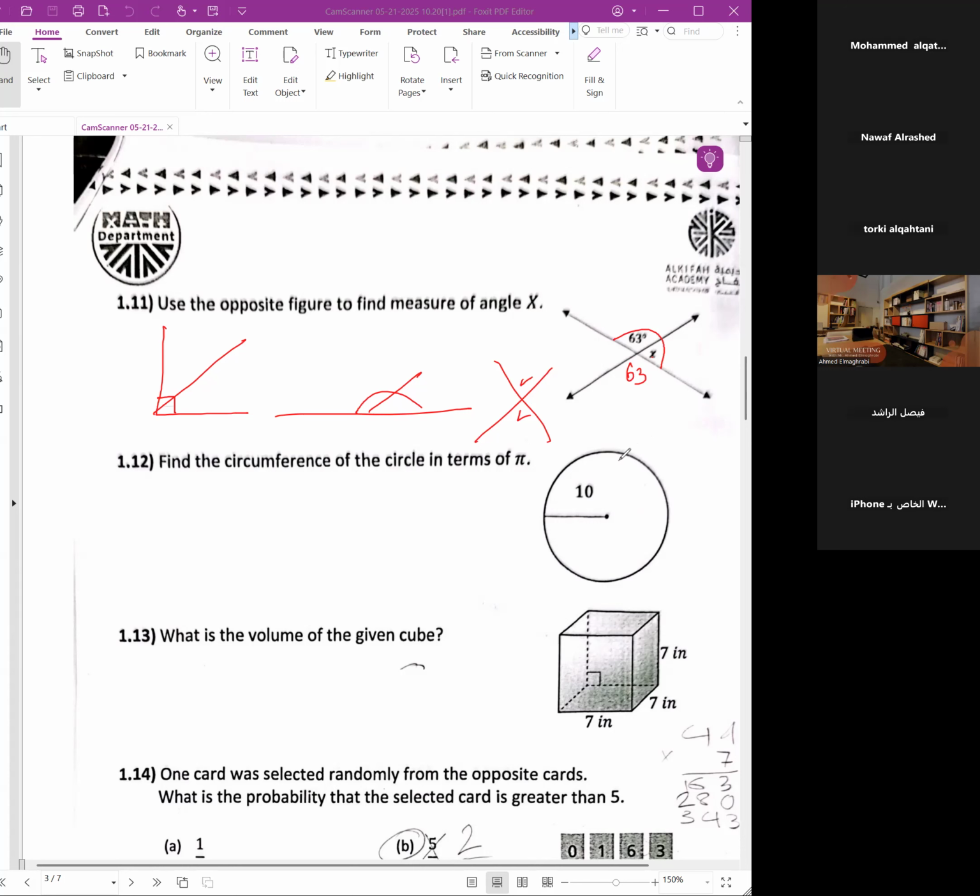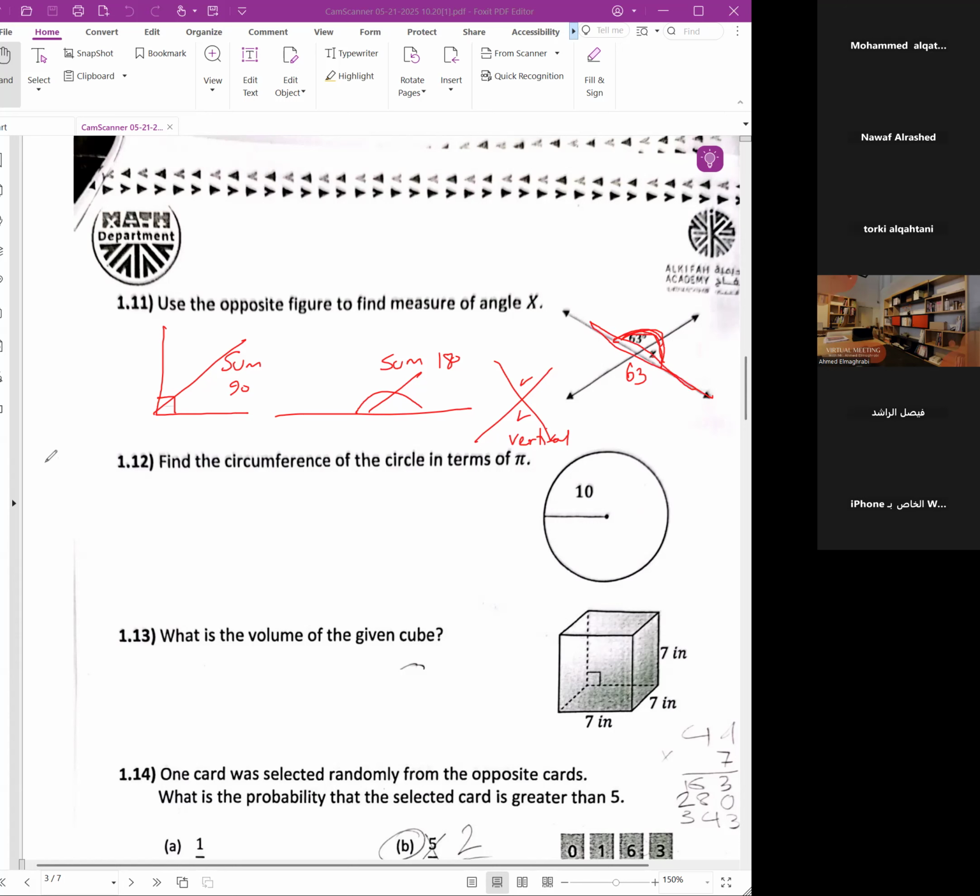Excellent. No, do it again, please. Here, the sum is 90, they are complementary. Here, the sum is 180. Here, vertical angles are the same. No, not 90. It's a straight angle. Look, it's a line.